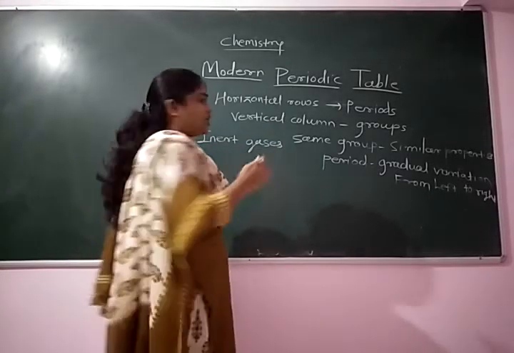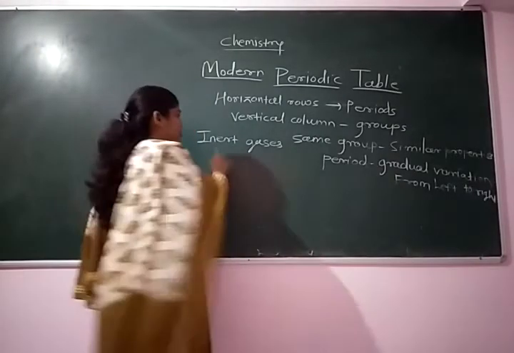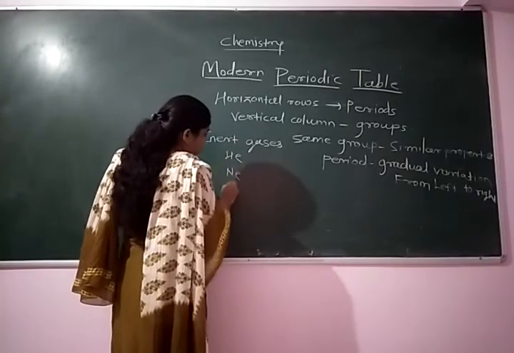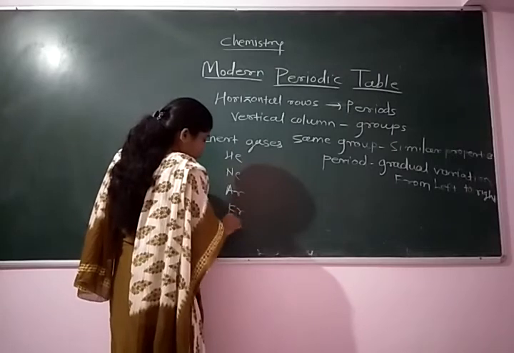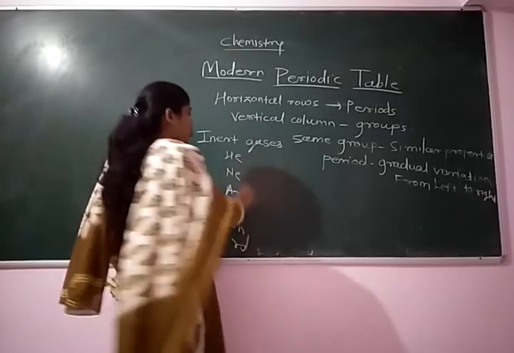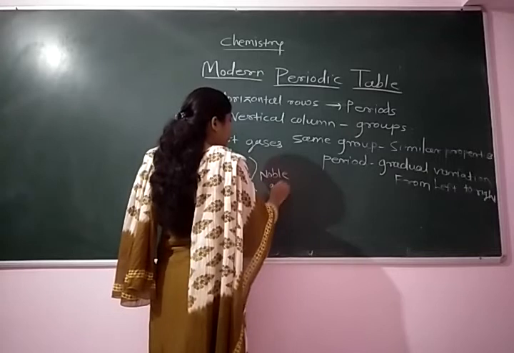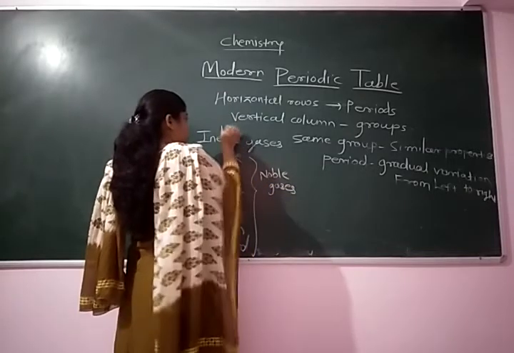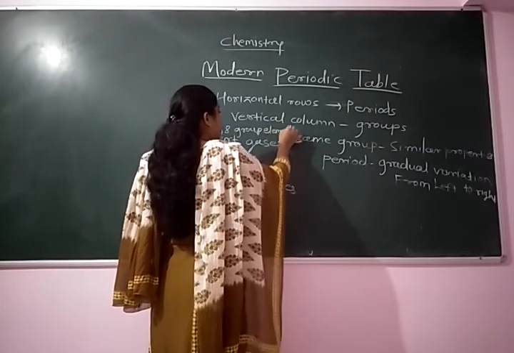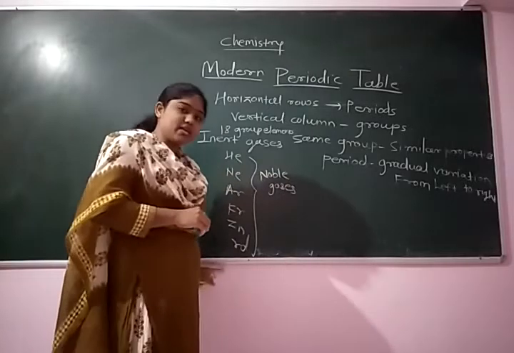You know that in the periodic table the last group is the 18th group, and in the 18th group there are inert gases: helium, neon, argon, krypton, xenon, radon. These are the inert gases, also known as noble gases. In the periodic table, the last group contains inert gases.